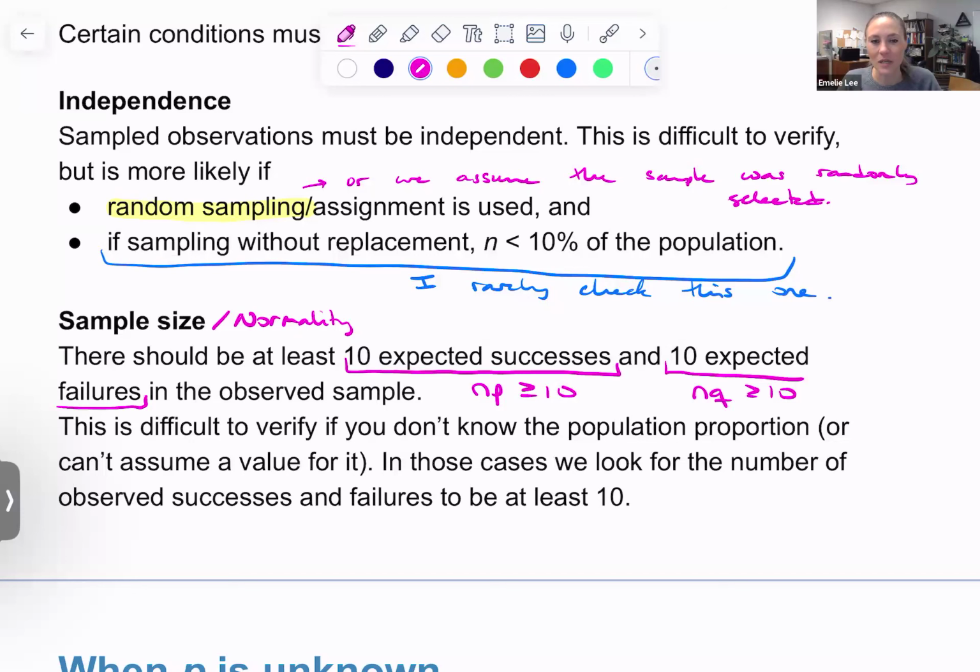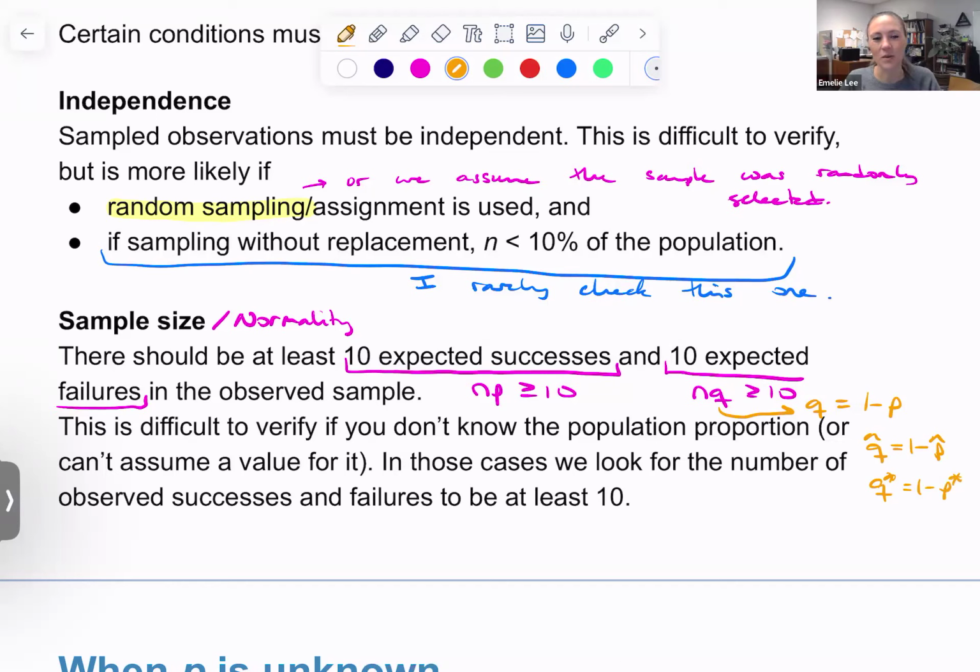I use q because I'm lazy. And so let's talk about what q is. Q is just 1 minus p. Now, q hat is 1 minus p hat. We'll also have a q star, which is 1 minus p star.